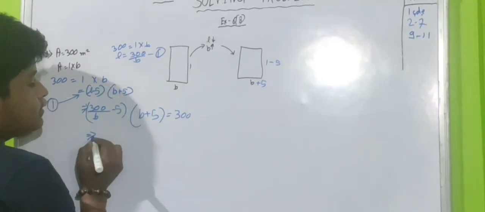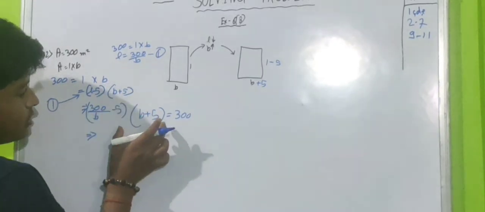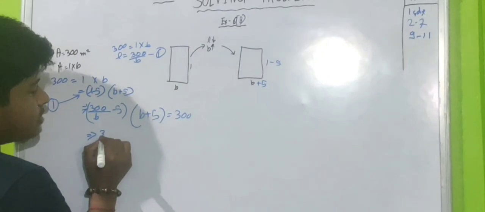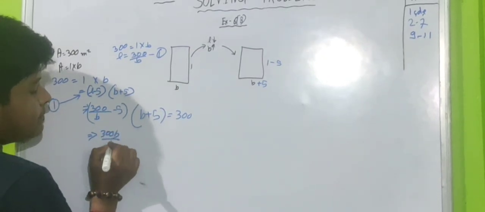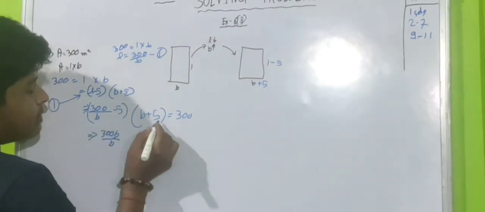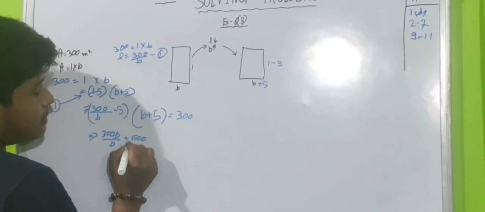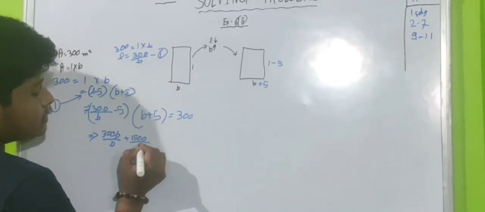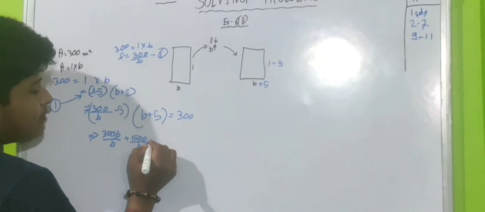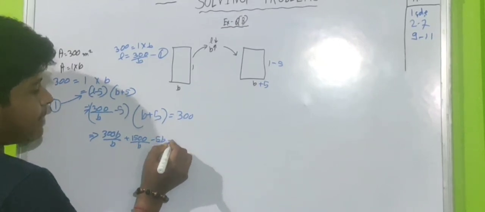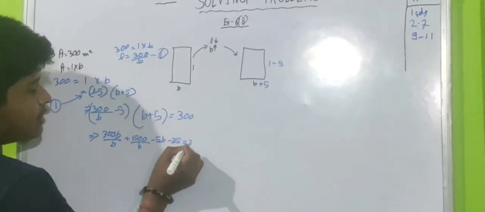Now multiply, opening up the brackets, we have 300 B by B, that is 300, with 5 we have 1500 by B. Now minus 5 into B, that is minus 5B, then minus 25 is equal to 300.